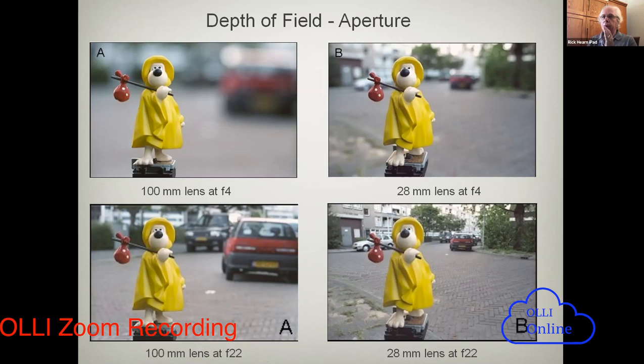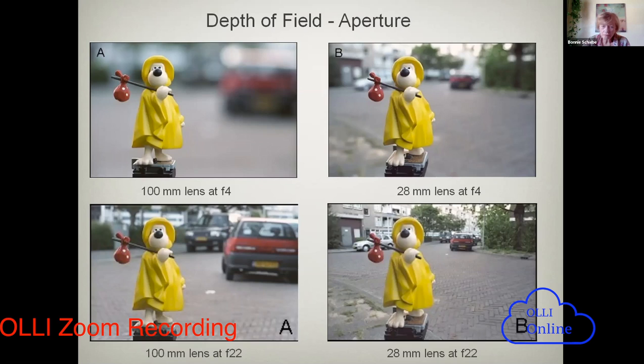Large lens opening, shallow depth of field, only the subject in focus. Things closer than the subject are out of focus. Things further than the subject are out of focus. Only the things at the same distance as the subject are in sharp focus. Does that make sense? Mhm.